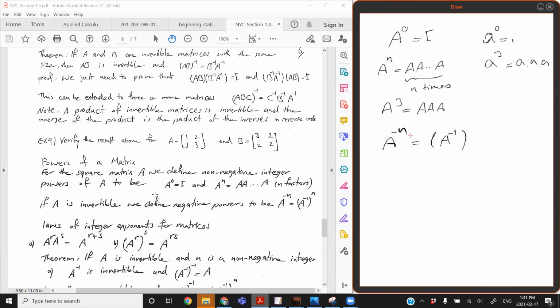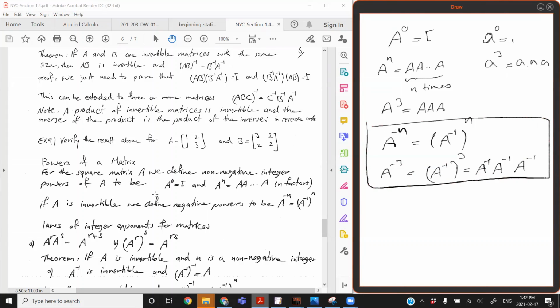So for example, A to the power of negative 3 is A to negative 1, that to the power of 3, which is going to be A to negative 1 times A to negative 1 times A to negative 1. This third part of the definition only makes sense if A is invertible. So if A is invertible, then we define negative powers like this.